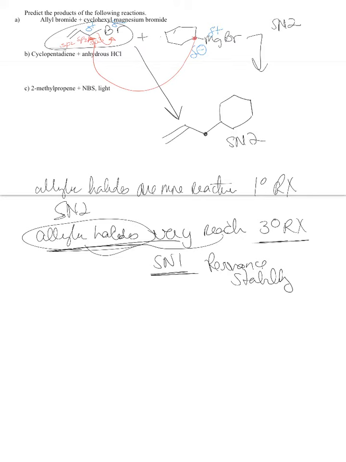Okay, what about B? Let's do B down here. Cyclopentadiene and anhydrous HCl. Okay, so what happens here is this is a delta positive, and that's a delta minus. And let's just use one equivalence here.